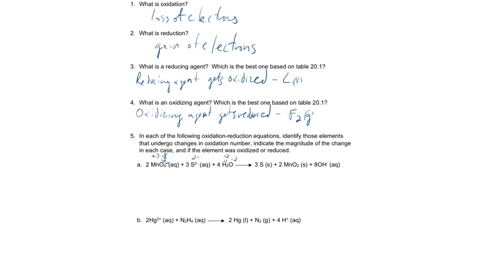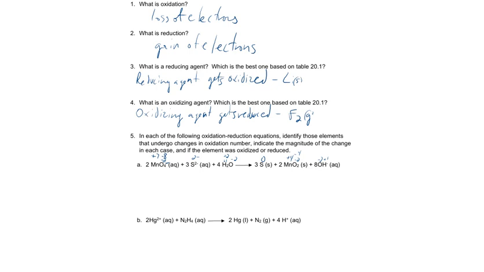Here, sulfur, an element by itself, has a 0. 2 oxygens, oxygen's -2, that's -4. Manganese then is a +4 to balance that out. And OH-, oxygen's -2, hydrogen's +1, that gives you your overall -1.